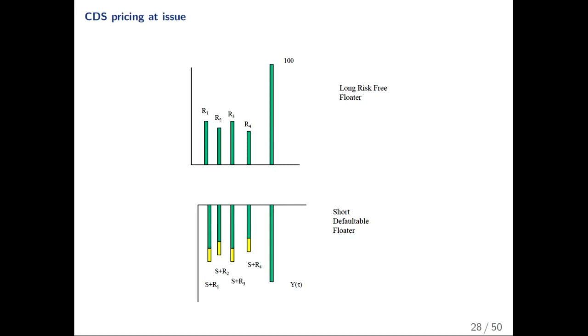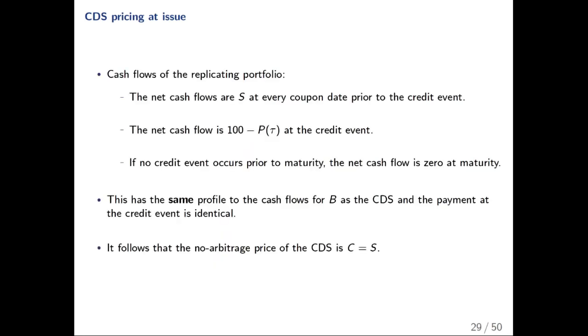So I pay the spread every period until maturity of the bond, or if there's a credit event, restructuring, or the company fails to pay its coupon, what is the cash flow? Well, I get to deliver you the bond, P, and you're going to give me 100. Where is the P determined? The P is determined by an auction, and 100 is just the face value of the bond written into the CDS contract.